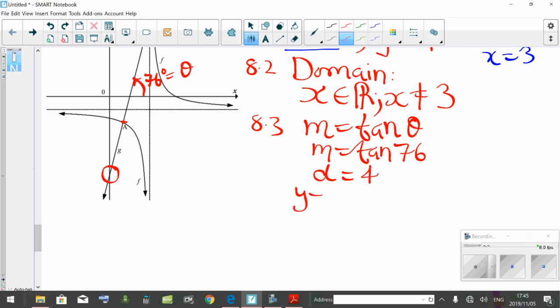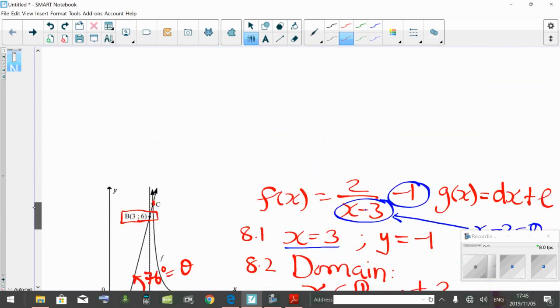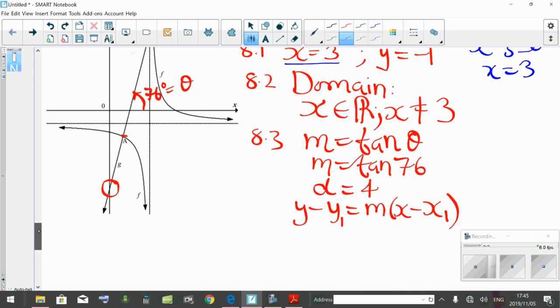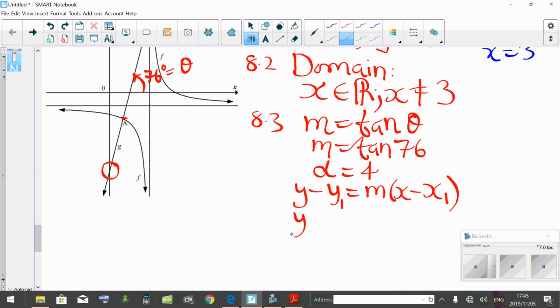And allow me to use this format. My y1 and my x1 are this point B that you see. The 3 is going to be my x1 and the 6 will be my y1. I'm going to substitute now here. y minus 6 is equal to 4 into x minus 3.